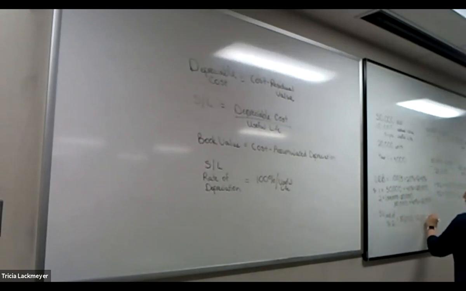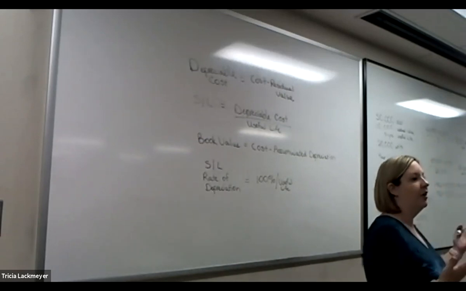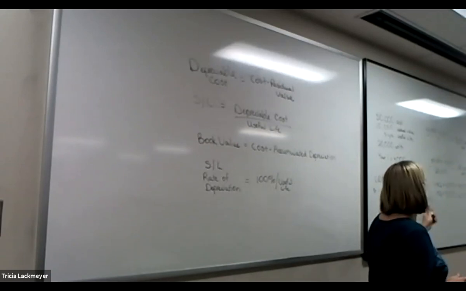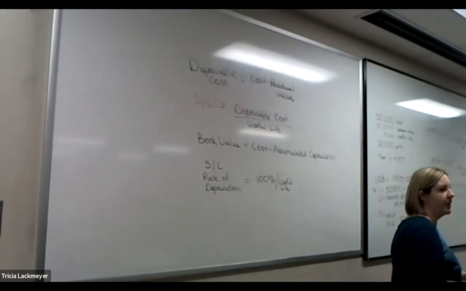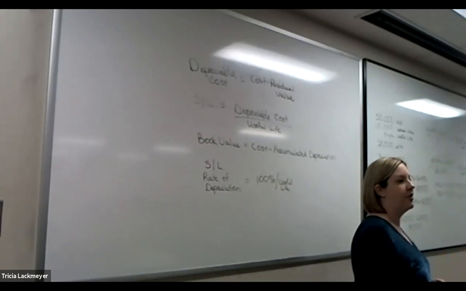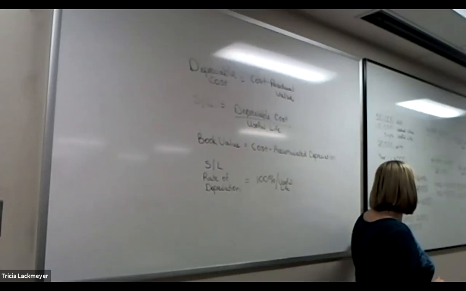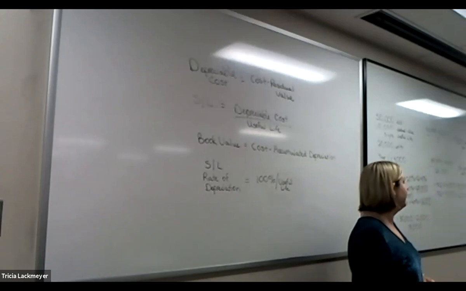When we're multiplying by 40%, we're finding the depreciation, your yearly depreciation. So debit to depreciation expense, credit to accumulated depreciation. So if we had depreciated this for 2 full years, our book value at the end of year 2 is 18,000. What if I sold that for 20,000?